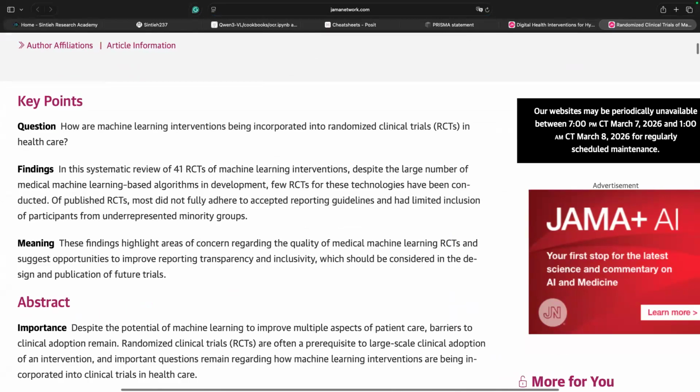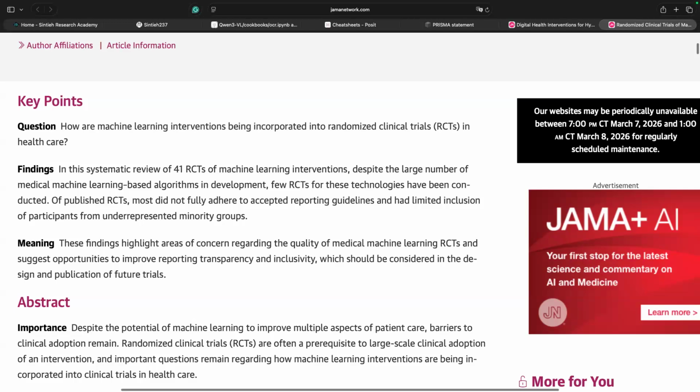Key points. Question: how are machine learning interventions being incorporated into randomized clinical trials in healthcare? Findings: in this systematic review of 41 randomized controlled trials of machine learning interventions, despite the large number of medical machine learning-based algorithms in development, few randomized controlled trials for these technologies have been conducted.